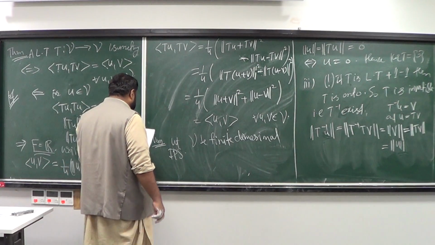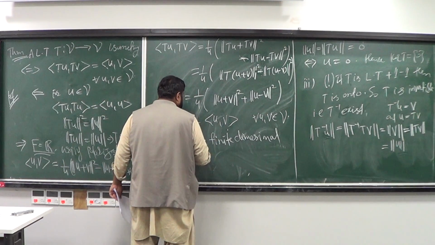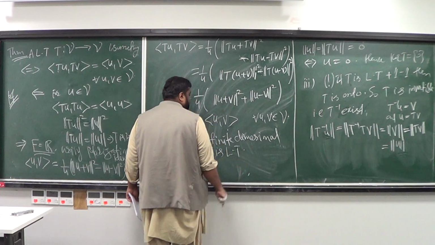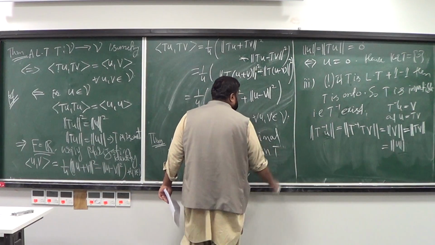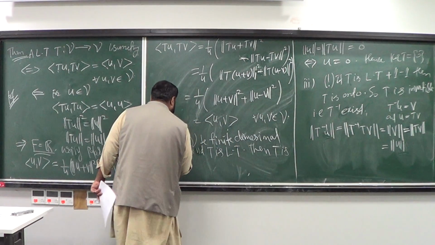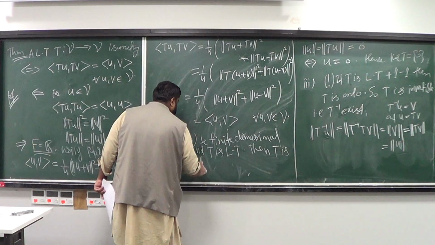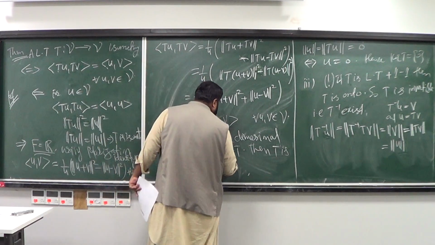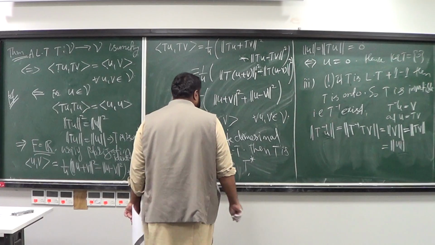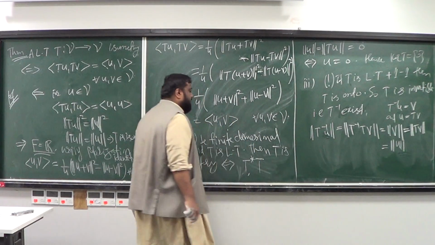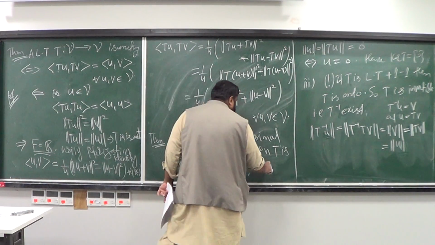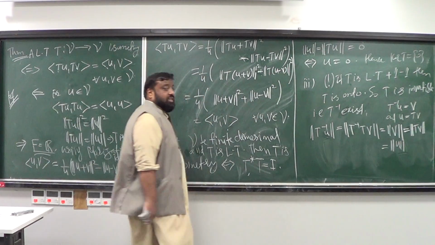And T is a linear transformation. Then here is another characterization of an isometry. T is an isometry if and only if you take the adjoint of T and compose it with the transformation itself, you get the identity transformation.